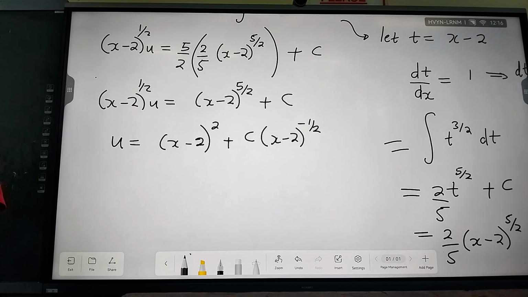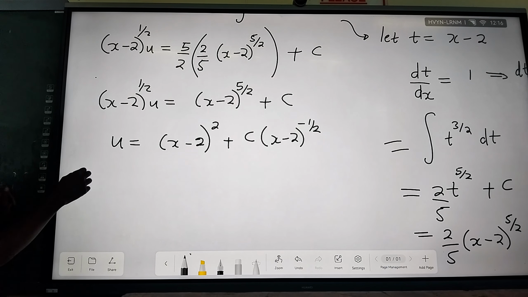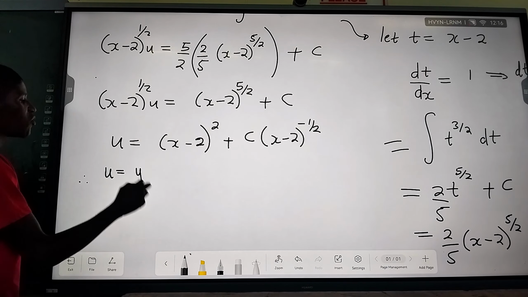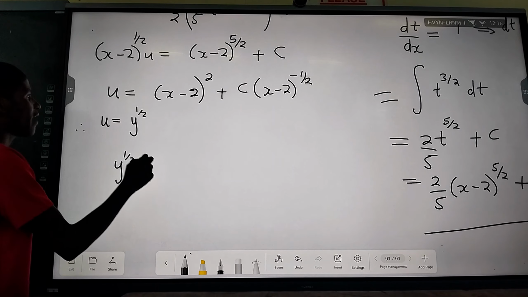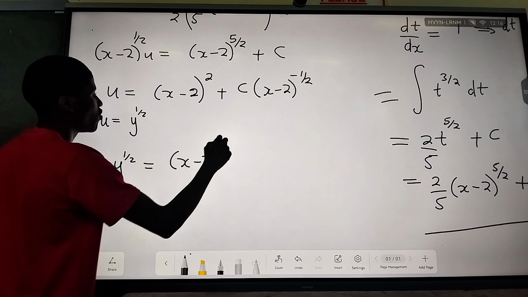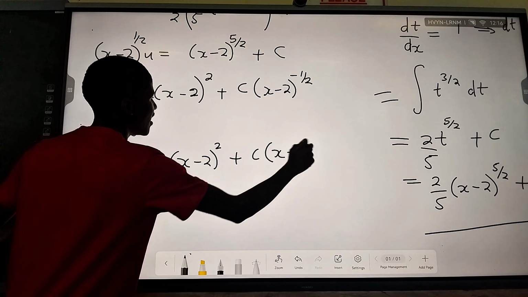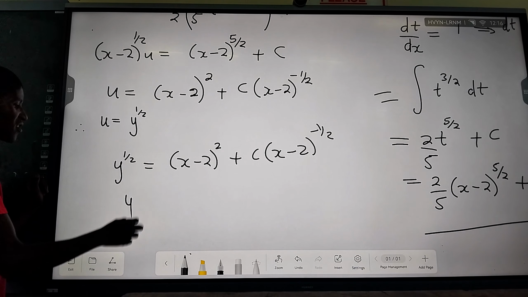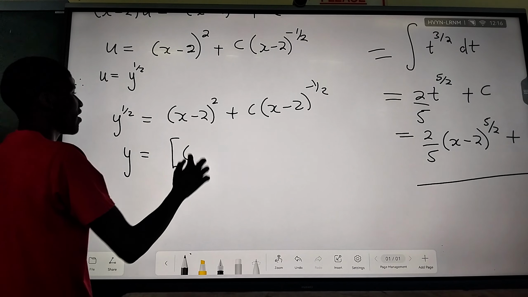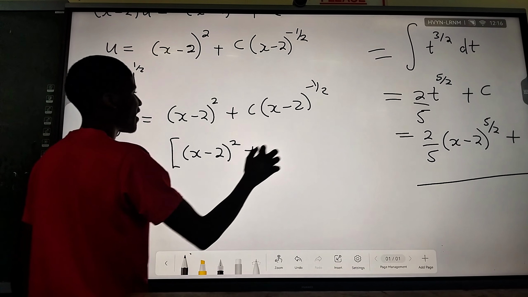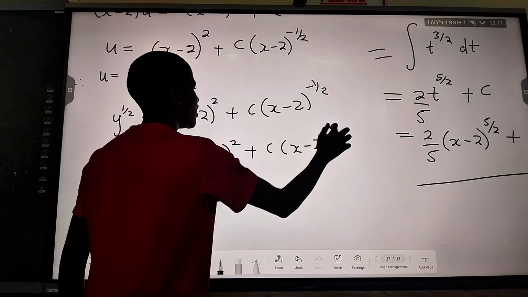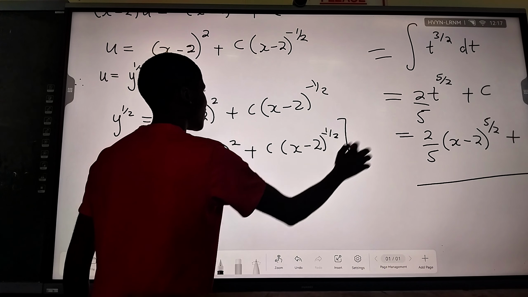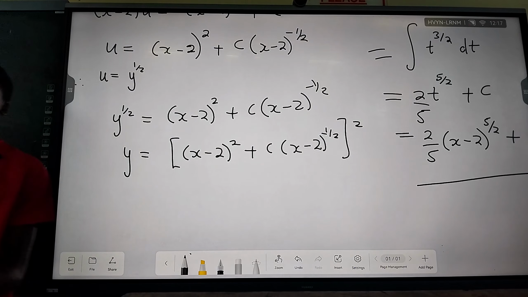To turn y into u first and make it linear. So therefore, we remember that u is equal to y to the power half. In this case, y to the power of half is equal to x minus 2 squared plus c times x minus 2 to the power minus half. And then to find y, what do you do? So the answer is x minus 2 squared plus c times x minus 2 to the power of minus 1 over 2, all squared. That's the solution.